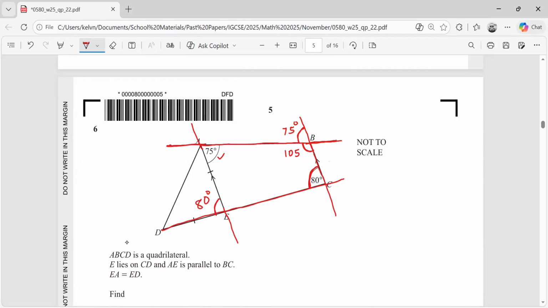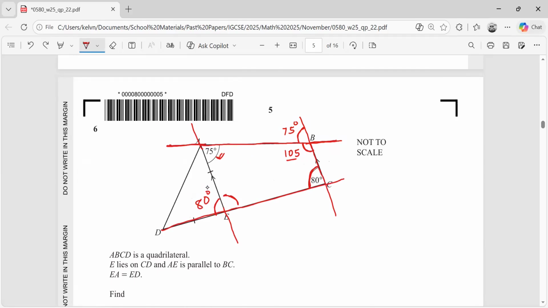Alternatively, you could add 75 plus 105 plus 80, and you'd get this angle here. The angles in a quadrilateral add up to 360, so you'd subtract the sum of these three angles. And then this angle is on a straight line, so you'll be able to get this one.